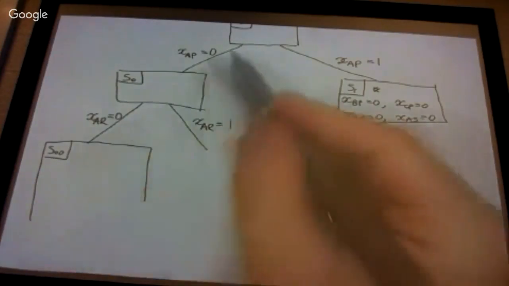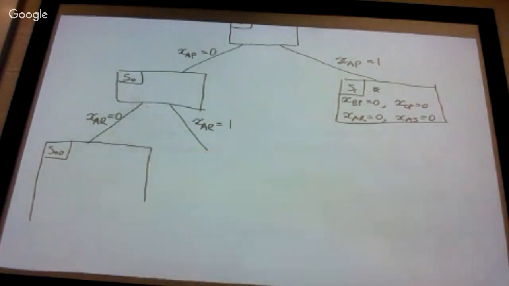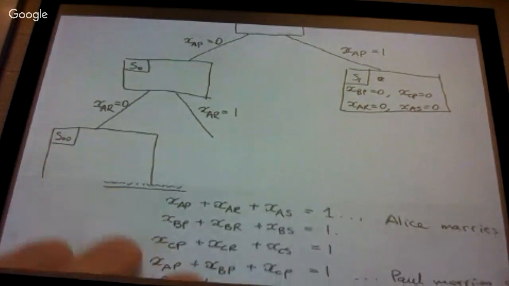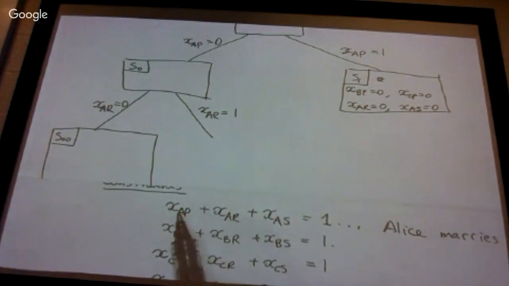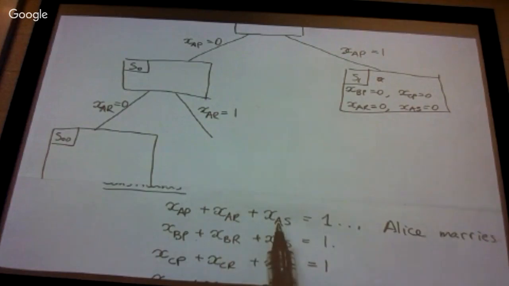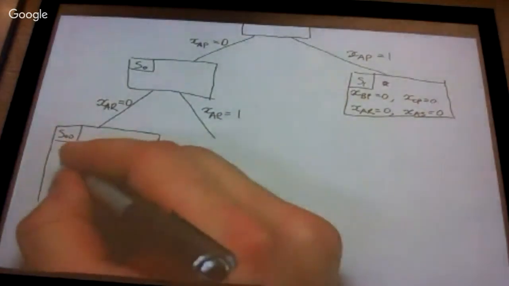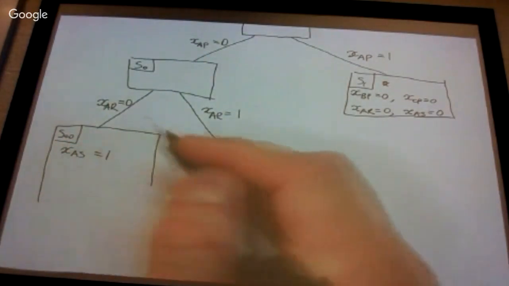Now, if we have XAP and XAR equal to 0, because of this constraint, if that is 0 and that is 0, that has to be 1. So in this case, we know that XAS is equal to 1.